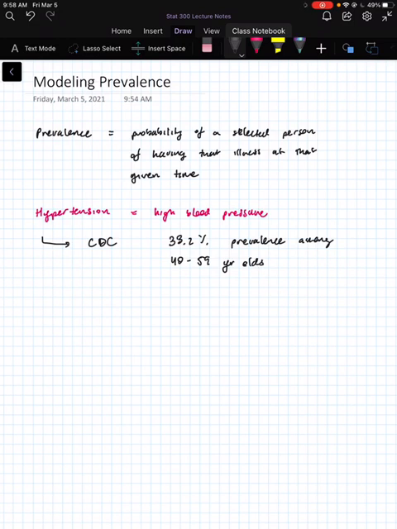So from the general population of people aged 40 through 59, let me rephrase that. If we randomly select somebody from this population, they have a 33.2% chance of having high blood pressure.